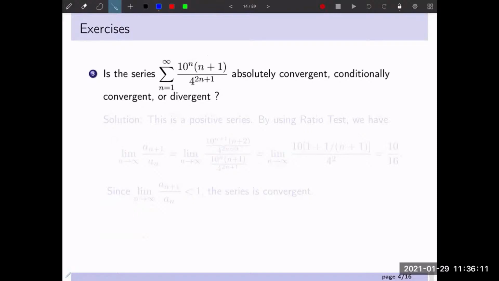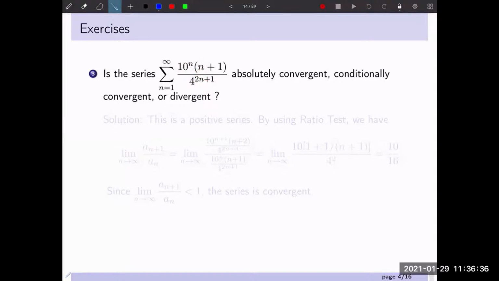This is a similar question, but it's written in a different way. So when you meet such questions where power n exists in some base number, so we have a base number to some power n, a base number to some power multiple of n, you should use the ratio test.